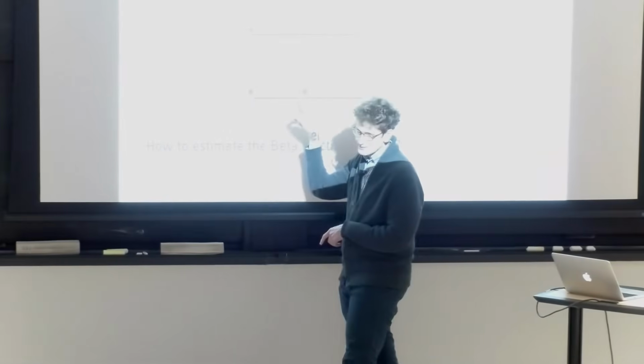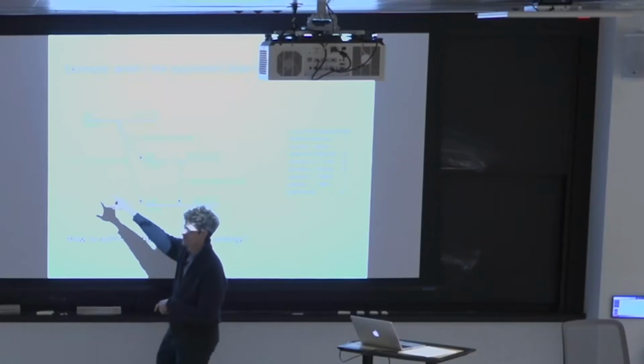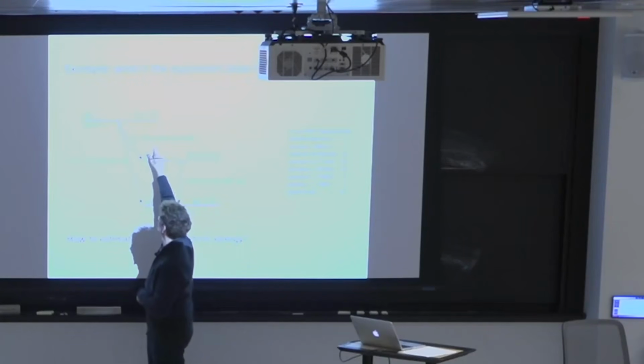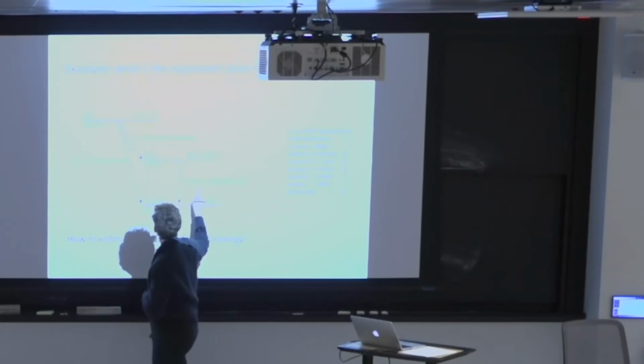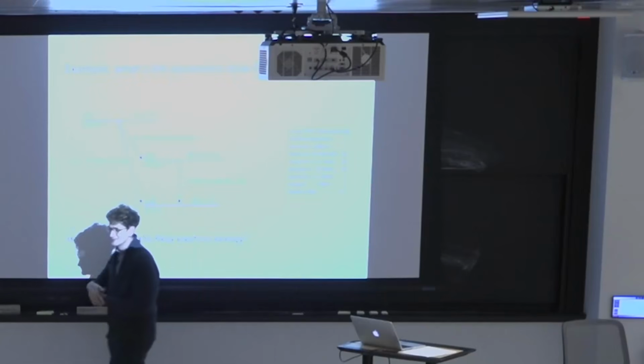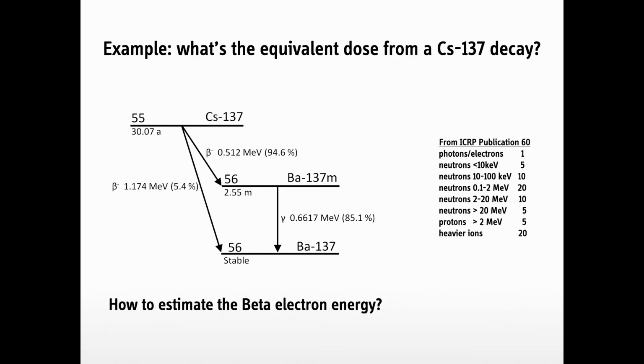I either go straight to here or I go the other way. And I have 2 decays, 2 particles versus 1 particle. But these 2 particles, the levels add up. So that level plus that level is the same as this level. Can I just treat them all as having 1.174?